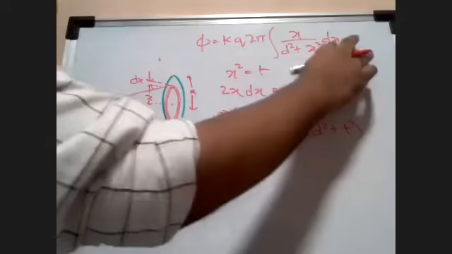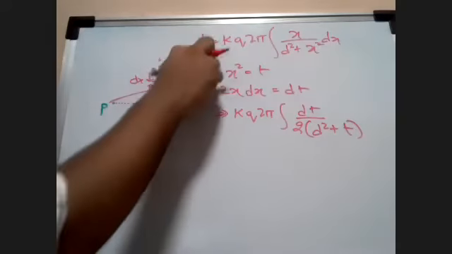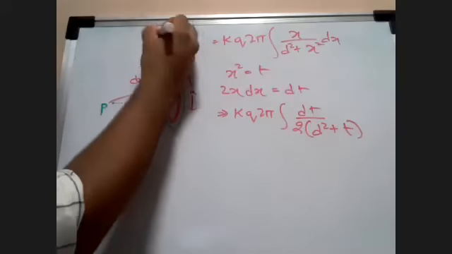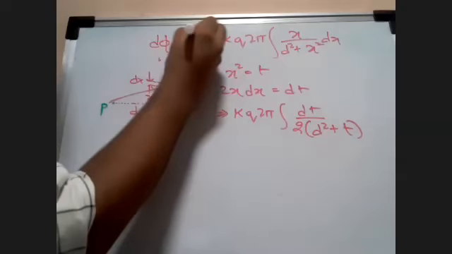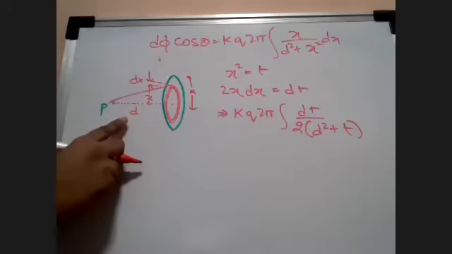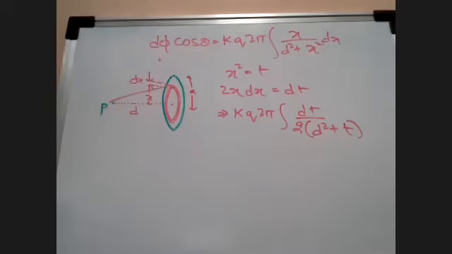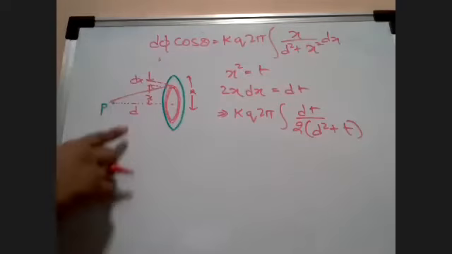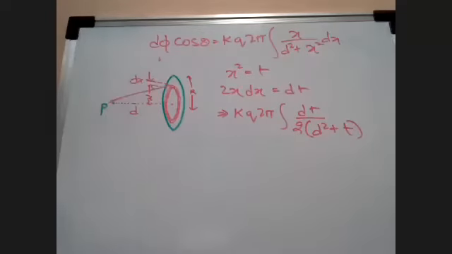Cos theta is adjacent upon hypotenuse, so d upon root of d square plus x square. So I will write that here.